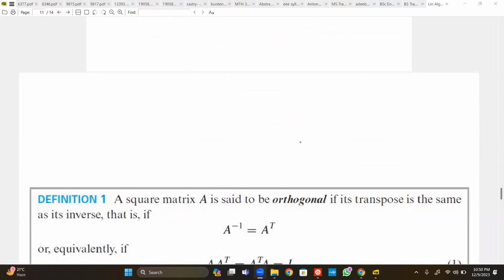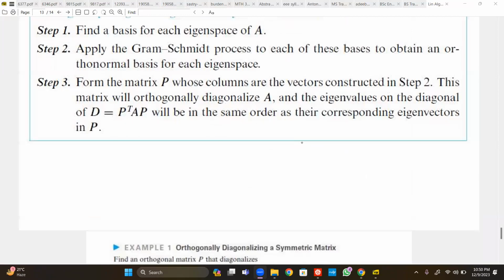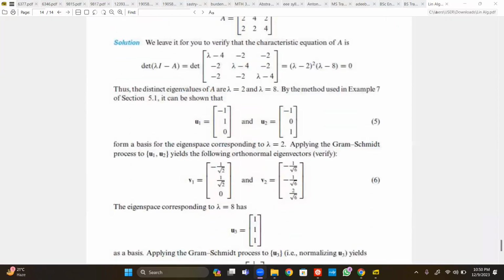In this case, what you do is first find the linearly independent eigenvectors for one of the eigenvalues. For example, these two are eigenvectors corresponding to lambda equals 2.